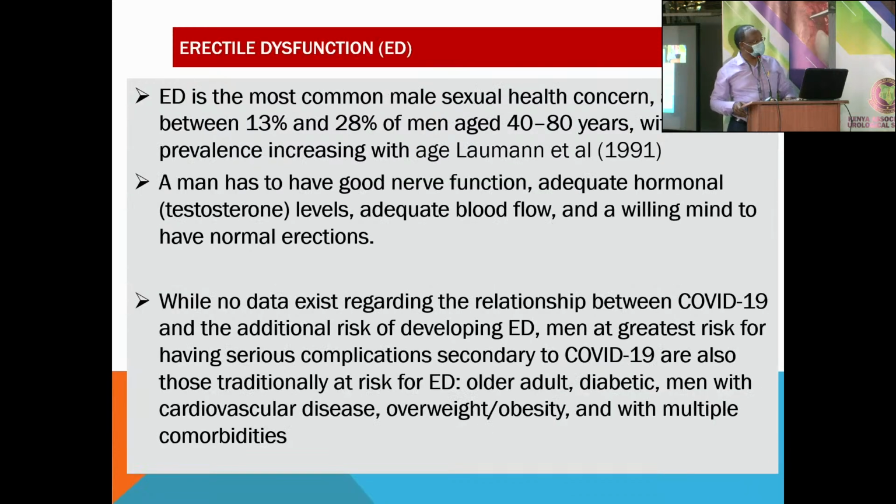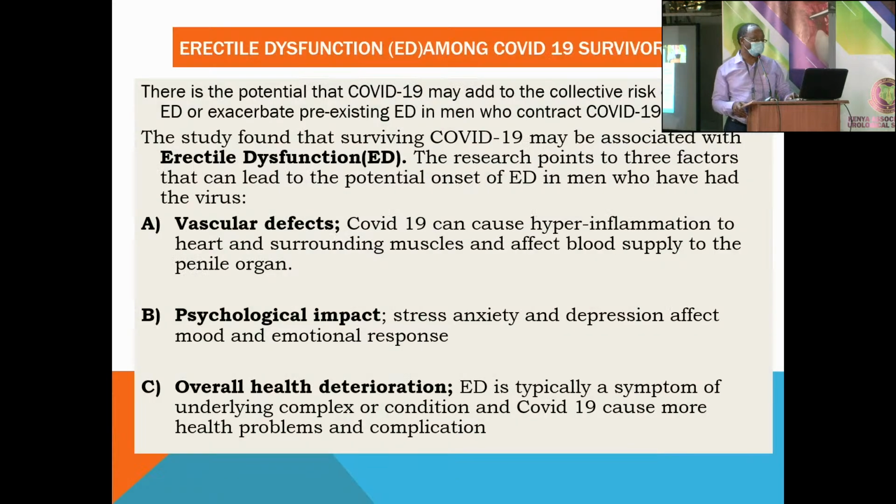The other thing that we noted in erectile dysfunction, basically they came up with three issues. Vascular defects: COVID-19 can cause hyperinflammation of the heart and surrounding muscles and affect the blood flow supply to the penile organ. Then also psychological impact: stress, anxiety, and depression affect the mood and the emotional response, and overall health deteriorates as a result of people who have COVID.